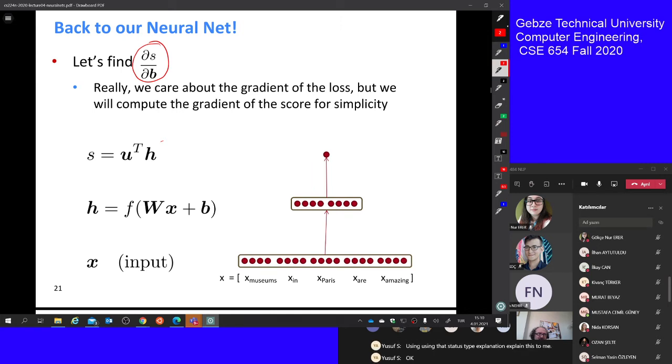Okay, first let me ask this question. What is score? What is S? Somebody tell me what S is. U transpose times h. Yeah, that's the formula, but no. What is the explanation for S?